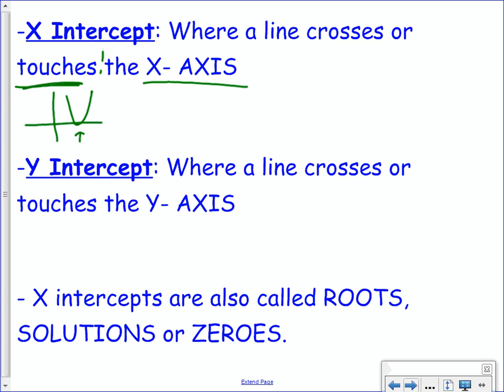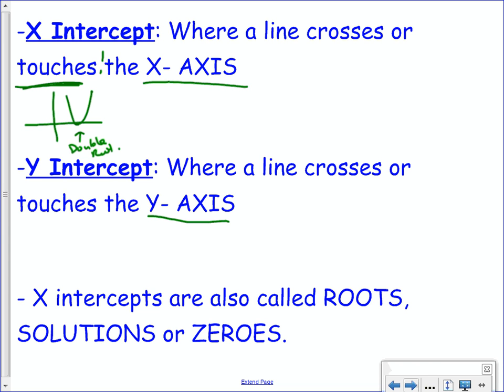That one is called a double root. We'll talk about that later. If it crosses all the way, then it's just one root by itself. It's the one solution where the solution's on the x-axis. For the y-intercept, that's where it crosses the y-axis.